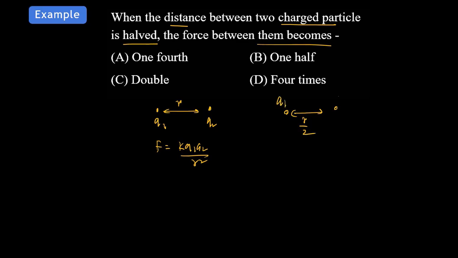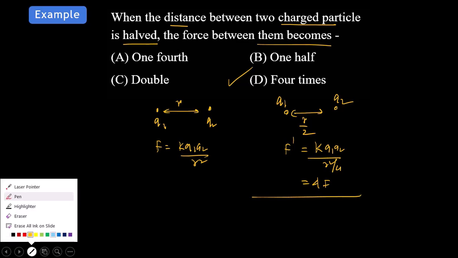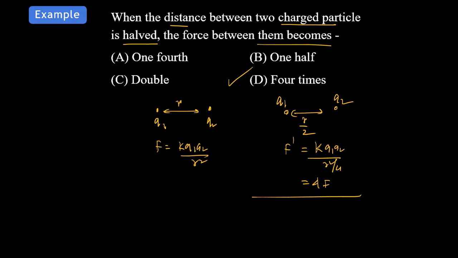The charges remain the same. So the force F prime becomes K times Q1 Q2 divided by R square by 4. That is 4 times F. So what you can conclude is that if the distance of separation between the charged particles is reduced, then the force is increased. Why? Because it is inversely proportional to the square of the distance.